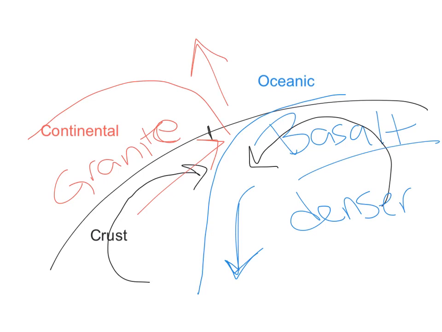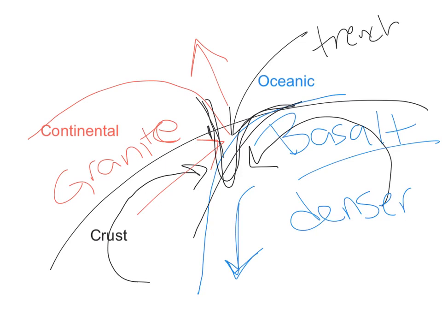As you can see here, where the basalt oceanic crust is sinking below the continental crust, you kind of get a dip here, a little hole that forms as this plate is going underneath the other plate. That is what we call a trench. The deepest place on Earth is the Marianas Trench, which is located in the Pacific Ocean.